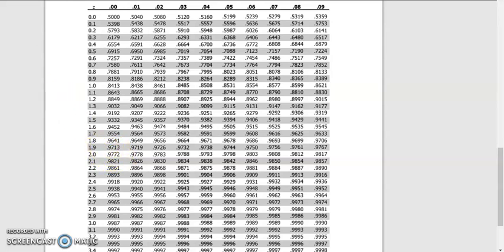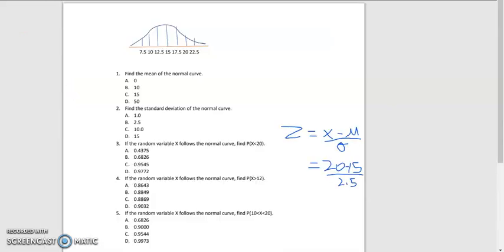So if it is 0.9772, that is the area less than 2. So your answer for this is D. You are finding the area to the left. So 0.9772. The answer is D.